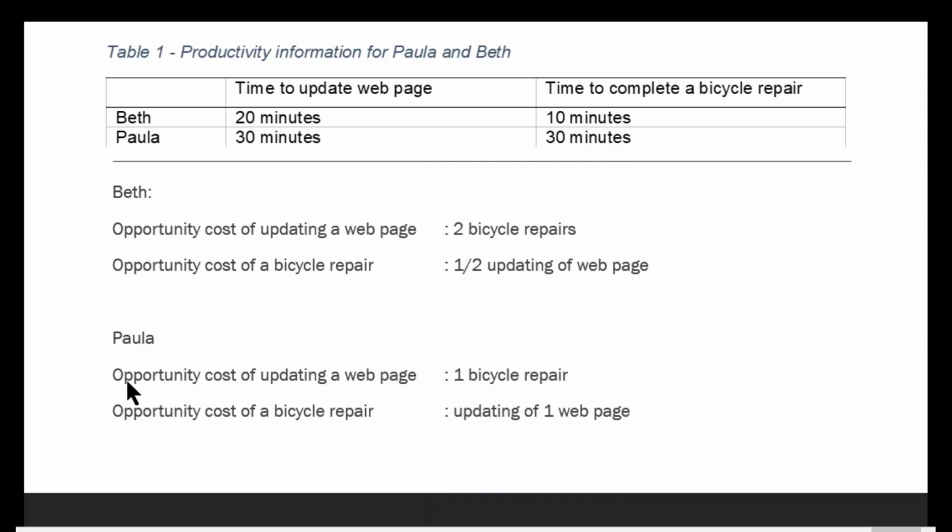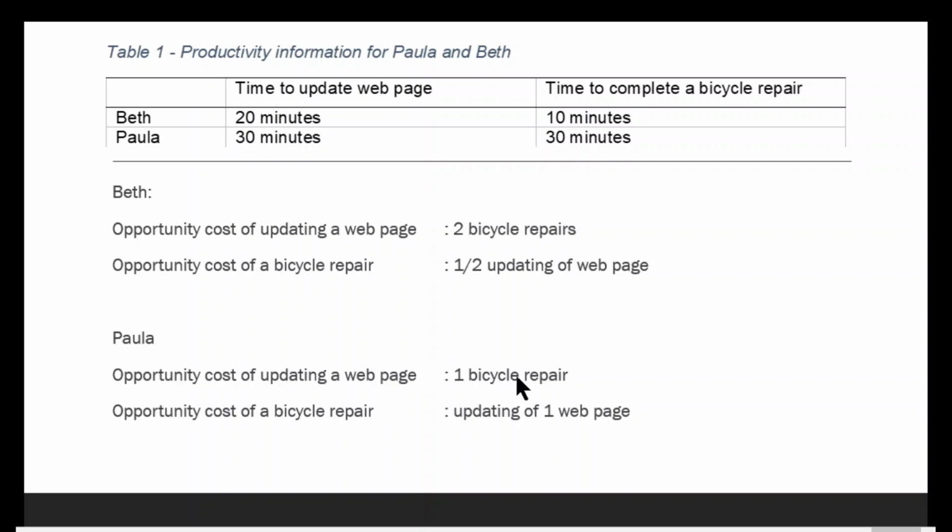So in this first round, we can say Paula has a comparative advantage in updating a web page. Why? Because she has a lesser opportunity cost compared to Beth. And why does she have a lower opportunity cost?